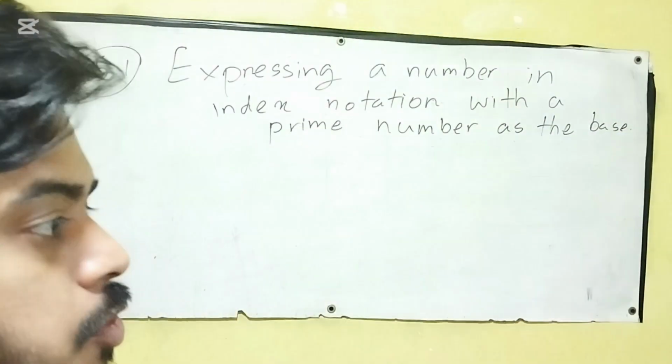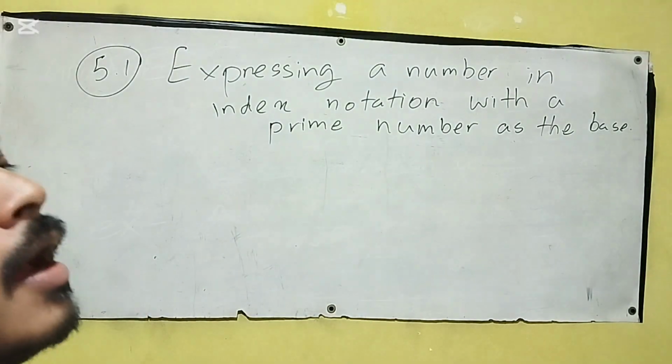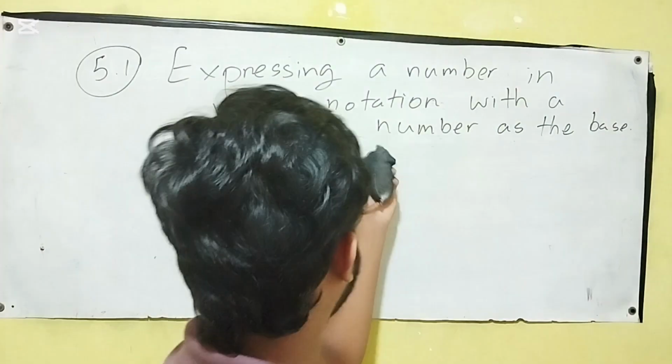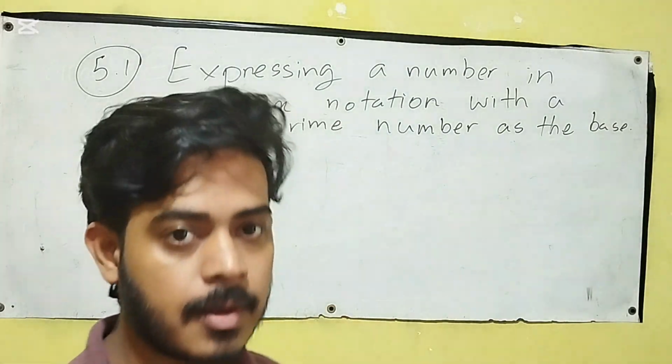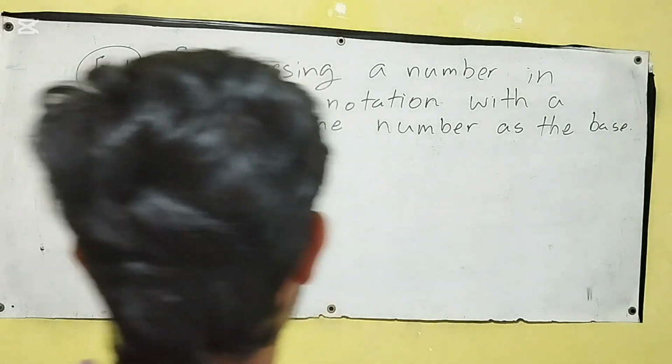According to this, you have to use long division and divide by prime numbers. What is the meaning of prime numbers? You know about that, okay?